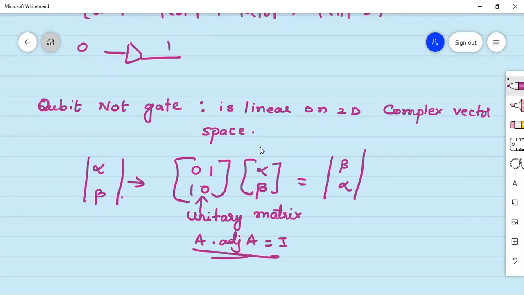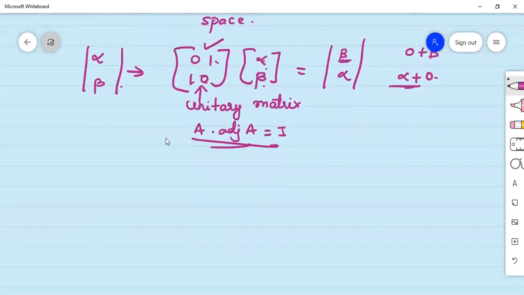Then we call this a unitary matrix. When you multiply this, it becomes 0 into alpha plus 1 into beta, so it becomes beta. Similarly, 1 into alpha plus 0 into beta makes it alpha, and that's how you get this. I hope this is clear. So this is the qubit NOT gate.